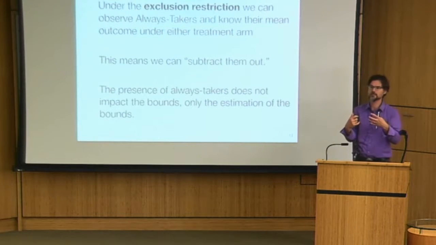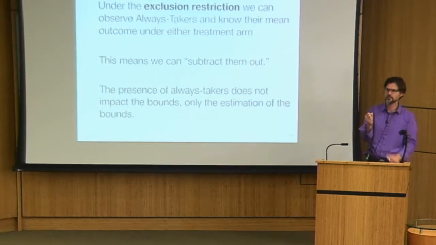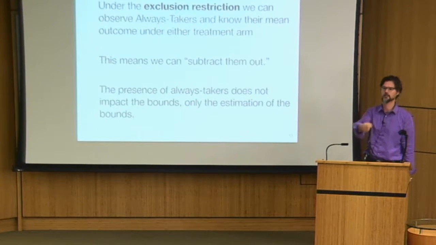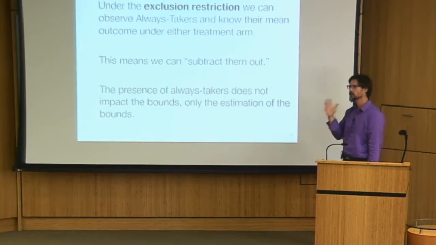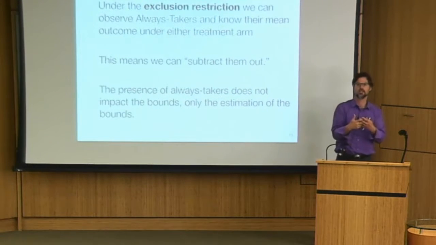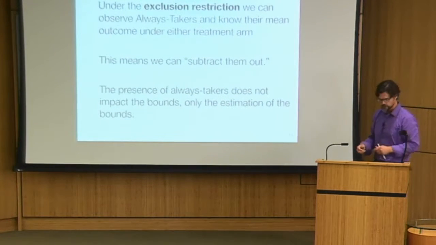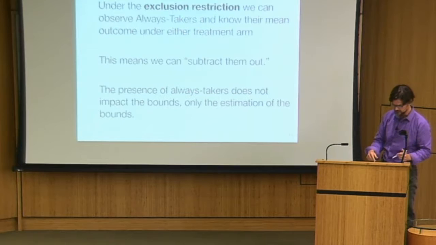Because usually with always takers, as soon as you say defiers don't exist, you get to see always takers by themselves. And when you see always takers by themselves in one of the two treatment arms, you can learn about them. Once you've learned about them, you can pull them out of your estimation problem. So they're not hard. What's hard is when you have two groups where you can't separate them. You can't figure out who is who. So always takers are a nuisance, but it's not the end of the day.